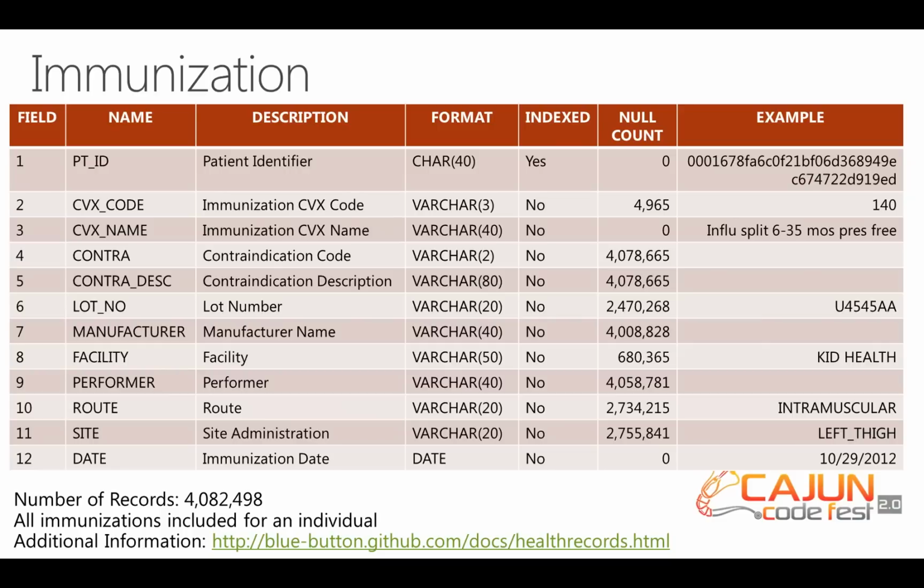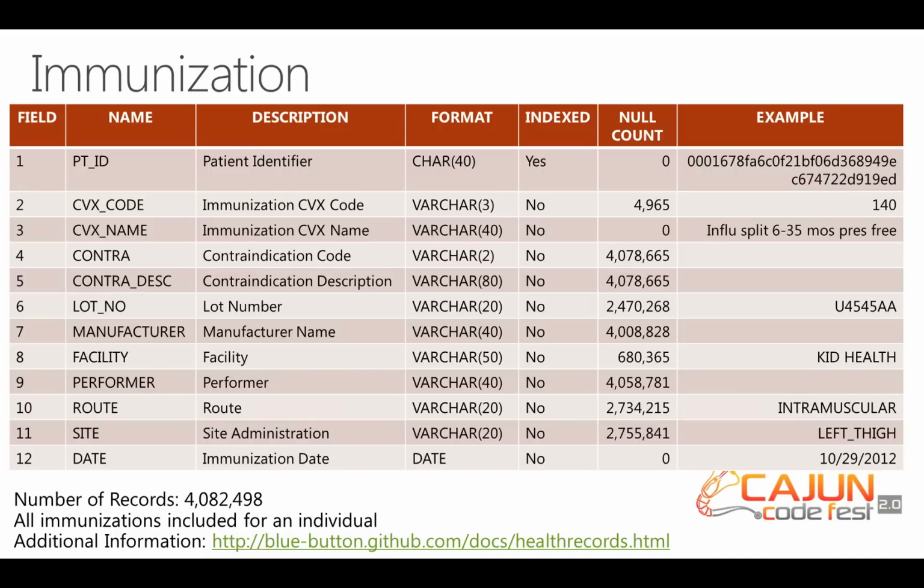You'll notice here that there are many null counts for some of these fields. You must remember that the immunization registry is built on information that gets entered at the time of administration. Someone like myself who moved to Louisiana will not have all of their childhood immunization details, such as lot number or manufacturer name, because that was not present in my paper chart when I moved to Louisiana.